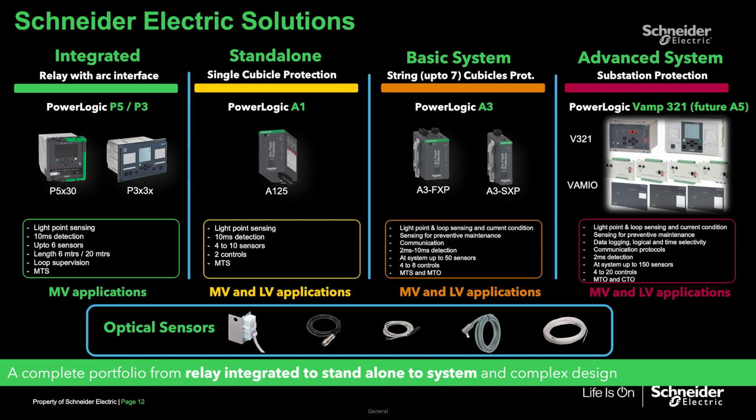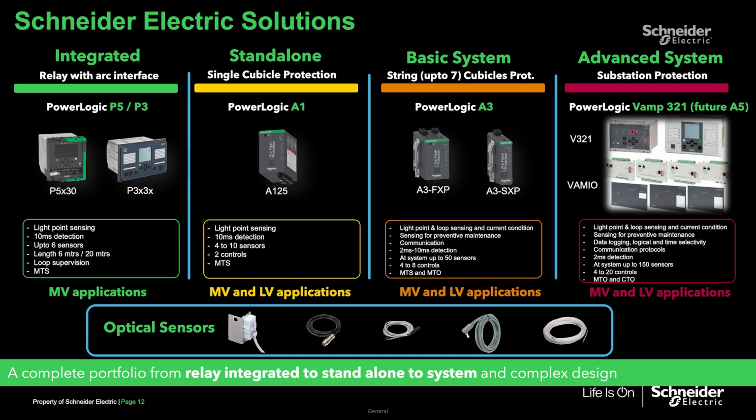At the same time, you want arc flash also in the same device. Then we have an offering by the name P5 or P3. The same product is available on the Power and Grid booth in one of the corners, and you can go and see it. That's where integrated arc flash is offered from Schneider Electric.